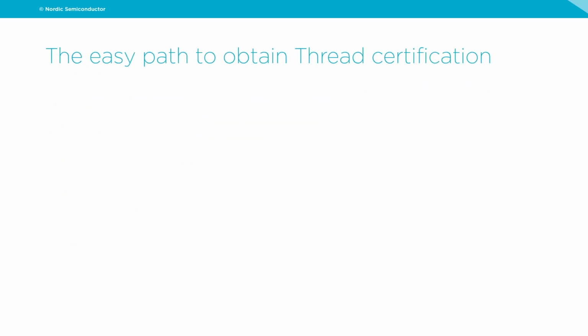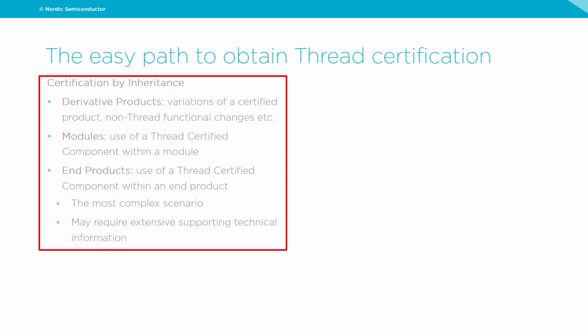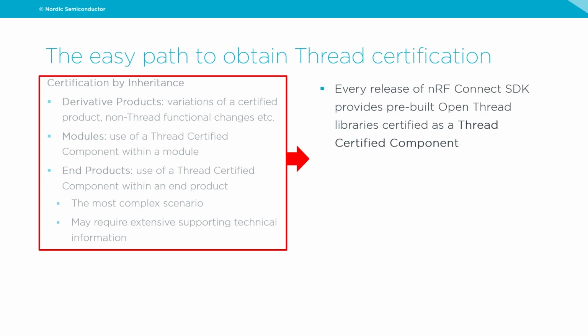The easiest path to obtain Thread certification is to use Thread certification by inheritance. Every release of nRF Connect SDK provides pre-built OpenThread libraries certified as a Thread certified component.